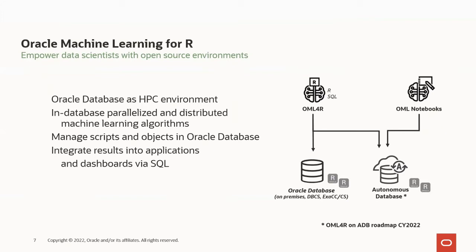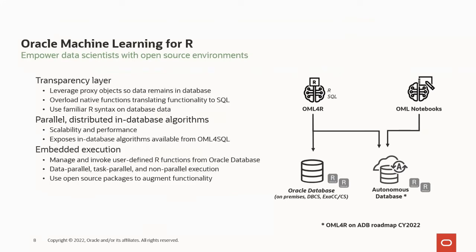Data scientists and other R users can create user-defined functions and manage these in Oracle Database. R objects can also be stored and directly managed in Oracle Database, avoiding the need to manage flat files since deploying open source solutions can be challenging. User-defined R functions can be invoked from R or SQL. When OML for R is included in Autonomous Database later this year, a REST API will also be available.